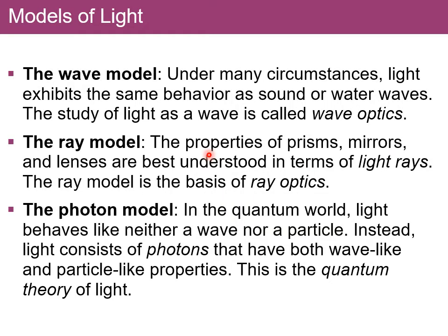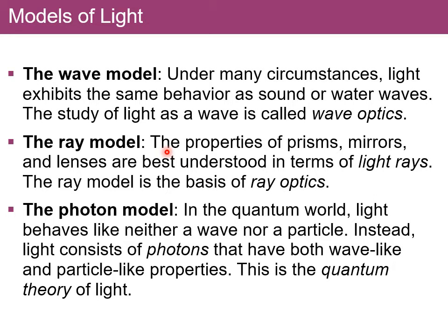Let's introduce a few common models of light. The wave model. Under many circumstances, light exhibits the same behavior as sound or water waves. The study of light as a wave is called wave optics. The ray model. The properties of prisms, mirrors, and lenses are best understood in terms of light rays.